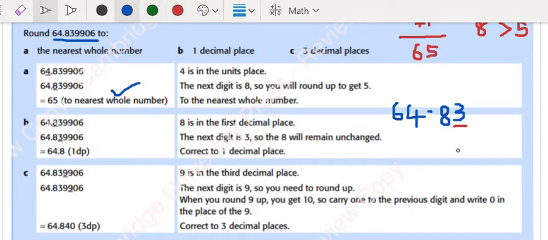We can notice that it is 3, which is less than 5. So if the value is equal to 5 or greater than 5 only, we have to add 1 to the digit before 3. But here the value is less than 5, so we can write the number without adding 1, that is 64.8 as it is.